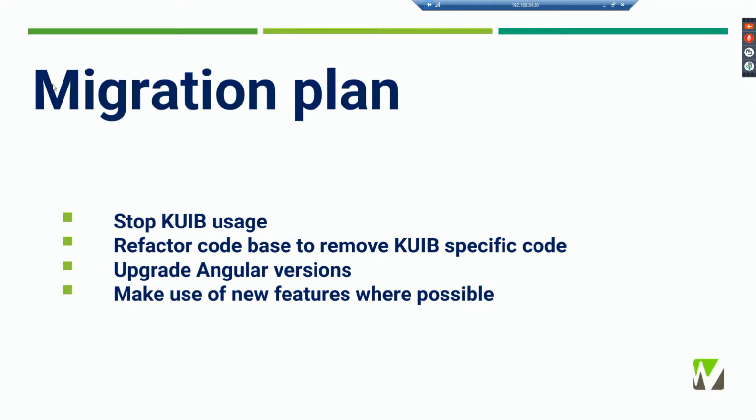At this point, we hope to reach a stable and functioning Angular 5.2 project that is not dependent on the framework at all. Afterwards, we can upgrade the Angular version as far as we want. If we do this, we then can make use of new features where possible.